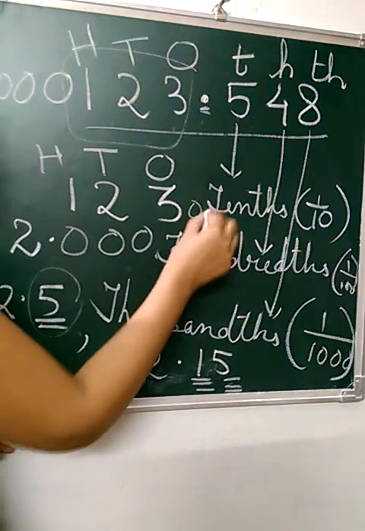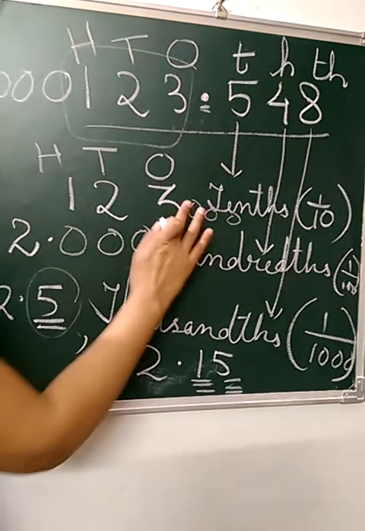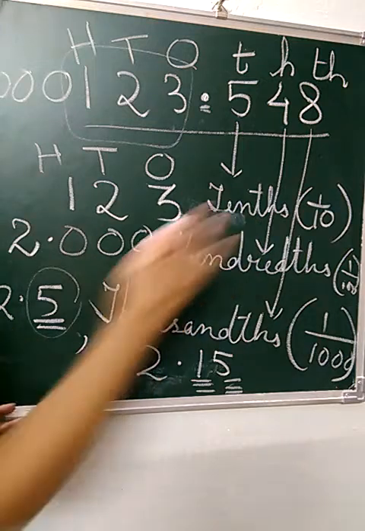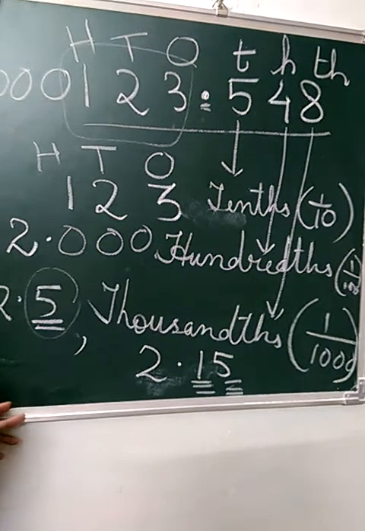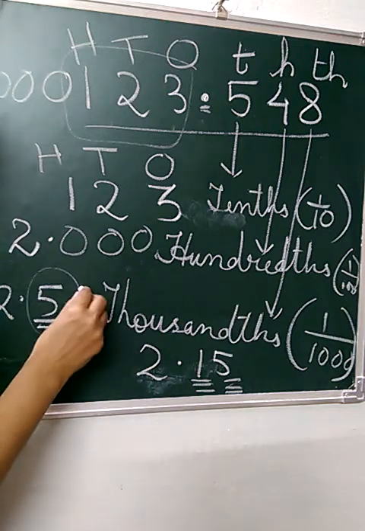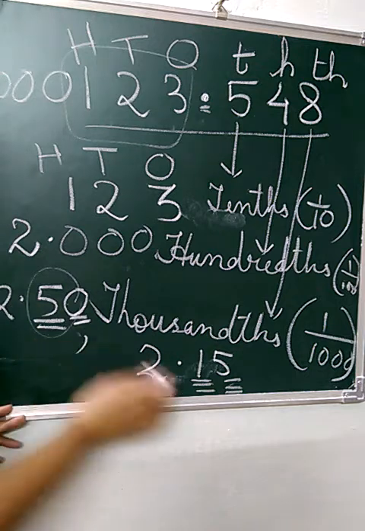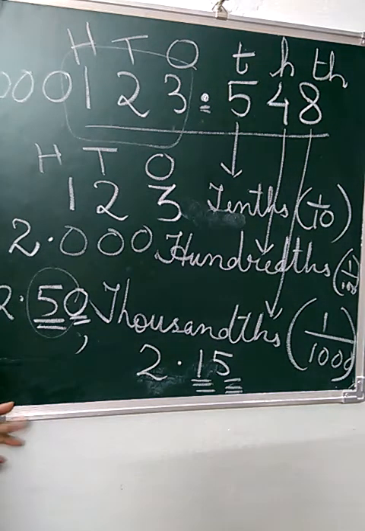Yes, but if you put a zero over here, the value will change because the places will change. Clear? So similarly, after the decimal, we can put any number of zeros. So here, if we put a 0, now how many places are there after the decimal? 1, 2, 1, 2. So they are like decimals.